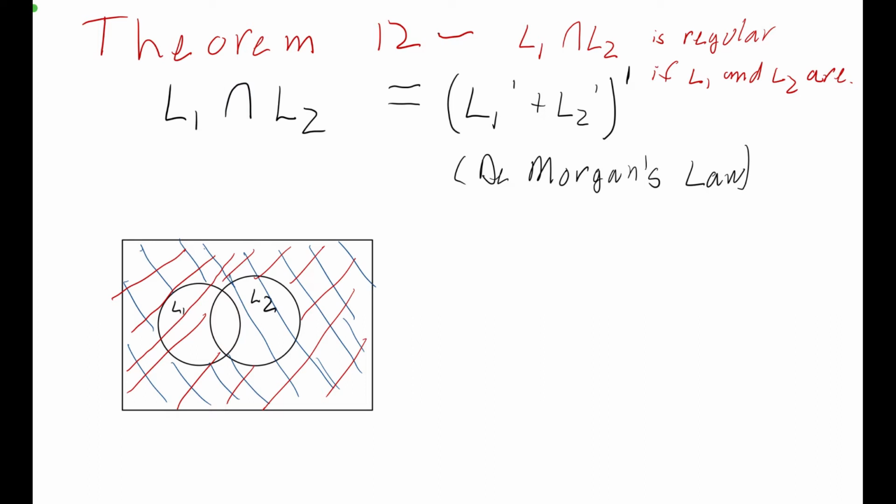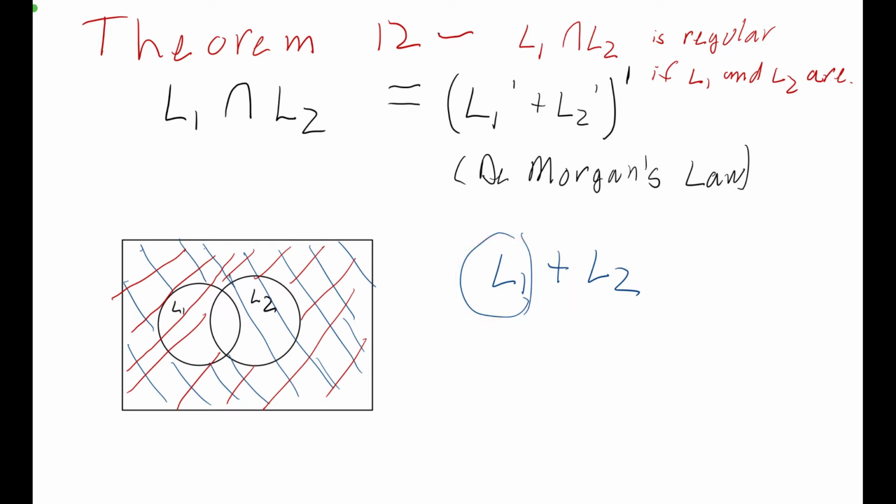Now, another proof of Theorem 12 goes back to Kleene's theorem. When we union two languages together, remember how we combined two finite automata together? And in the end, we made a final state. So we had two finite automata, one for this language and one for that language.